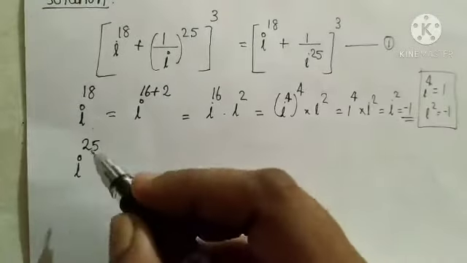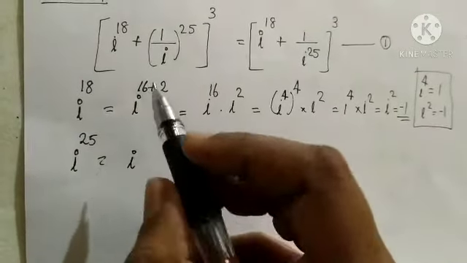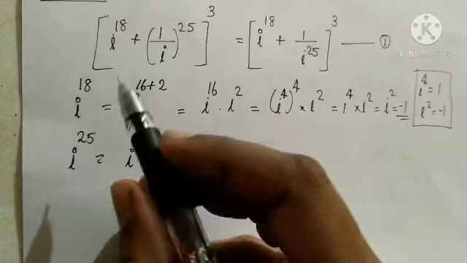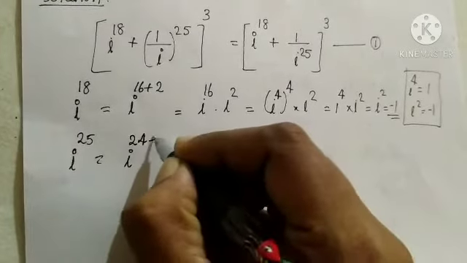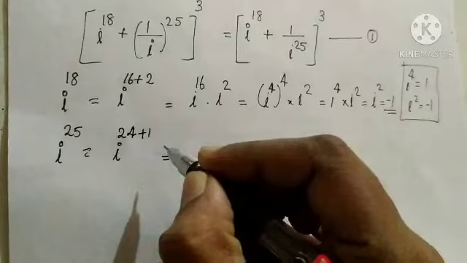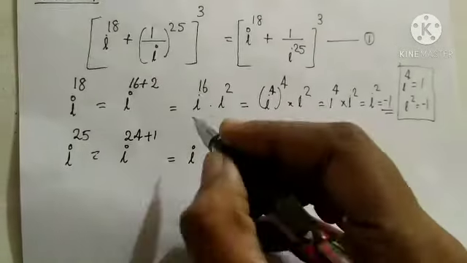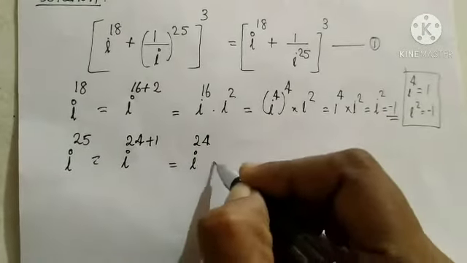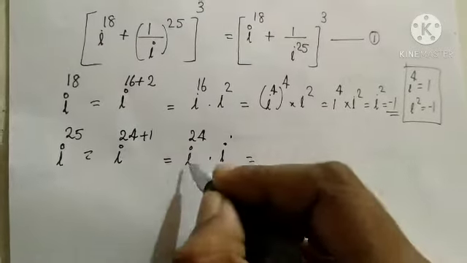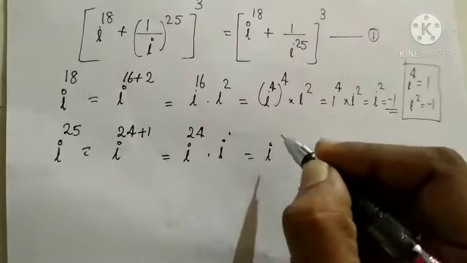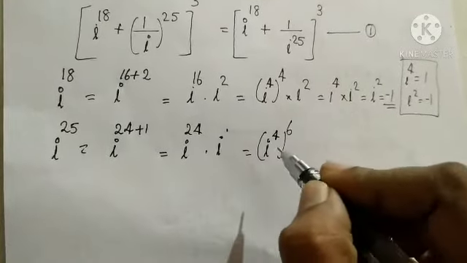Next we need to find out i raised to 25 value. 25 can be written as 24 plus 1, and I am going to split this power into i raised to 24 into i raised to 1. i raised to 24 can be written as i raised to 4 whole raised to 6.